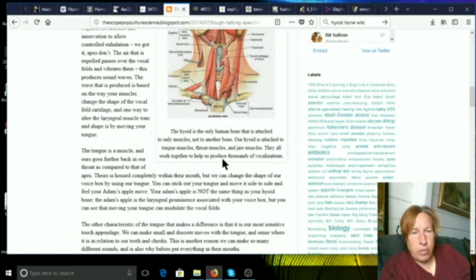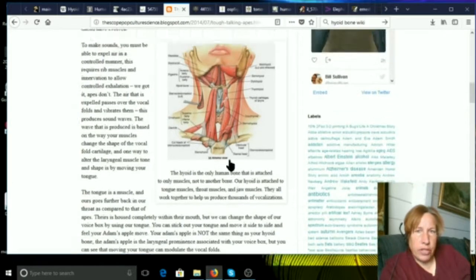Okay, I don't remember the tongue muscles and throat muscles and jaw muscles thing, but I do remember it as being the only standalone bone, and that it helped work together to help us produce thousands of vocalizations. And here's kind of an image of all the structure of it right now. What's interesting about this is that it's totally wrong. It is not the only standalone bone. It is not the only human bone that is attached to only muscles, not to another bone.